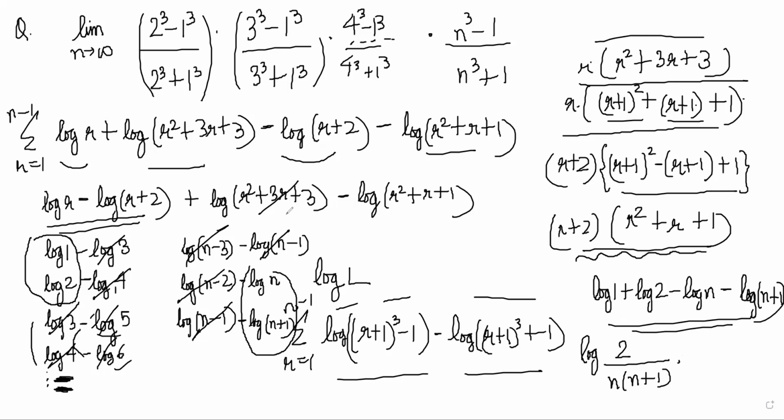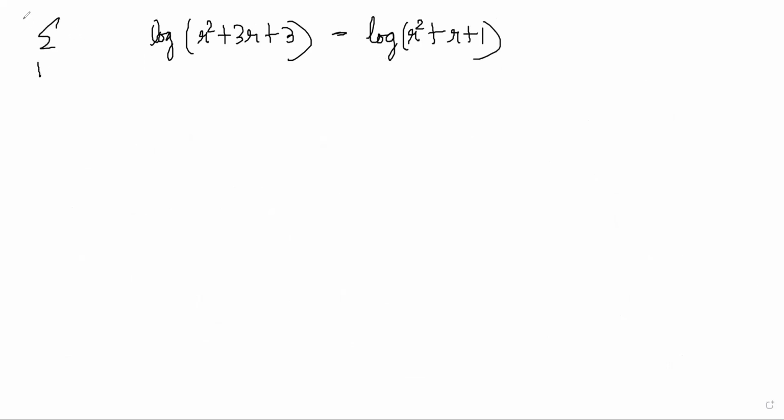Now we have to think about this series, right? So I will just worry about this here. Log of r square plus 3r plus 3 minus log of r square plus r plus 1, right? And r goes from 1 to n minus 1, right?